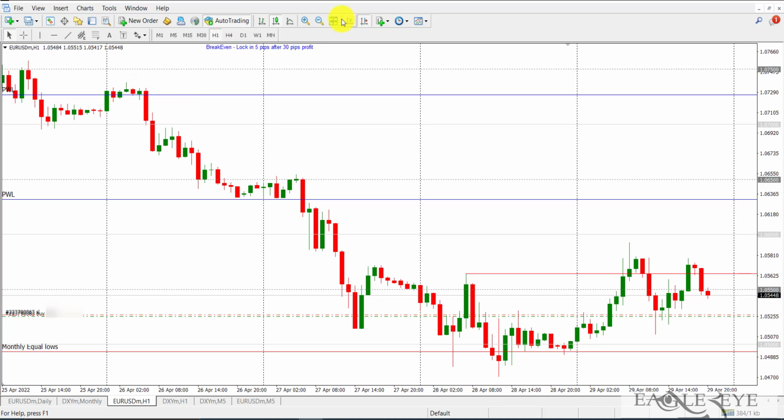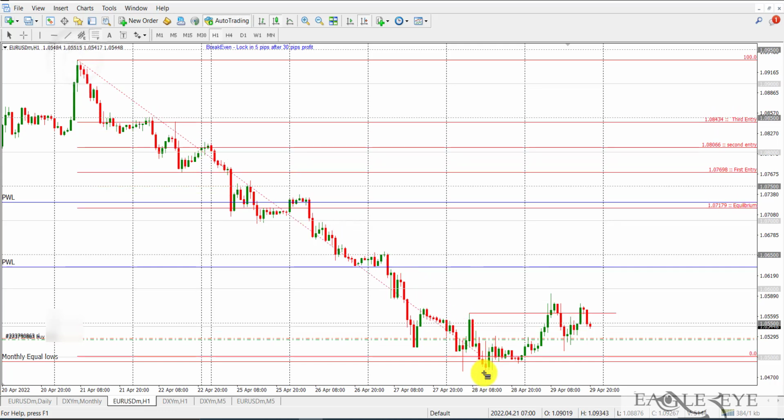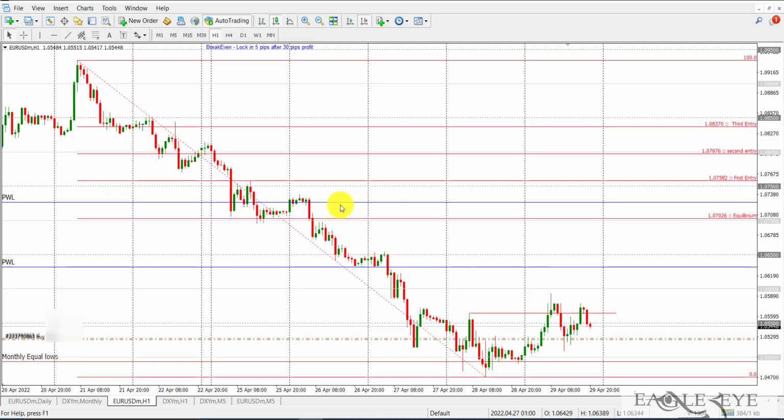Okay, looking at this high to this low, the retracement could reach as high as this level. Alright, the midpoint, 107026. Now this level can be different from yours depending on the broker you are using. Alright, so that's my expectation.